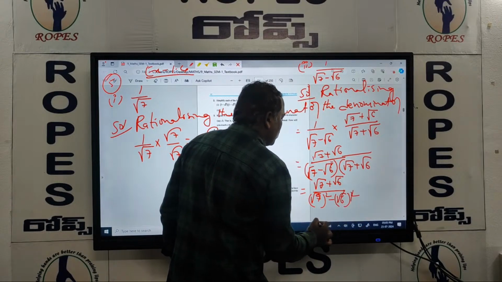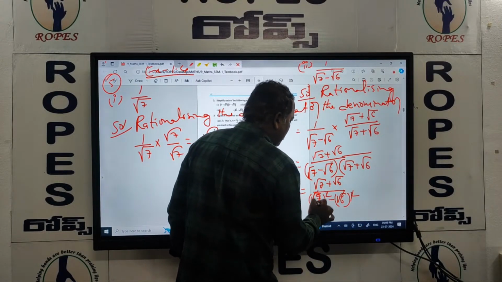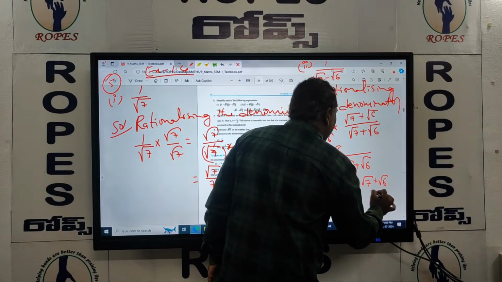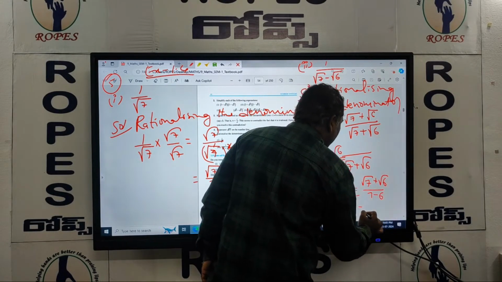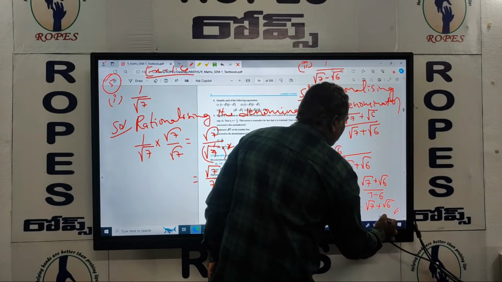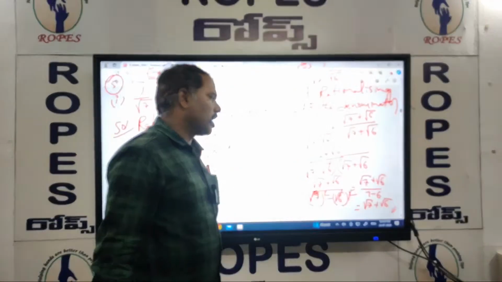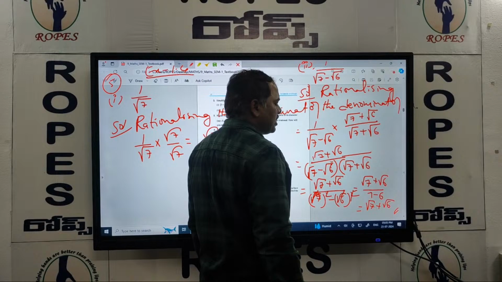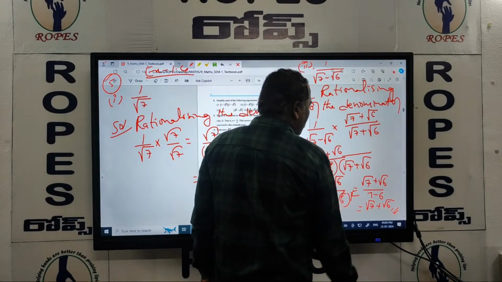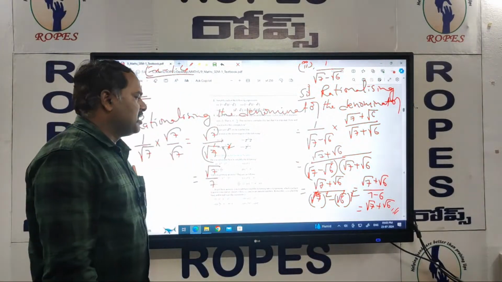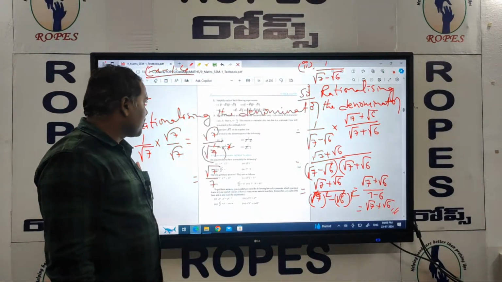Now the square roots cancel, then root 7 plus root 6 by 7 minus 6, finally root 7 plus root 6. The 1 is not necessary to write. So after rationalizing 1 by root 7 minus root 6, finally we are getting root 7 plus root 6. This is rationalizing the denominator in question number 5.